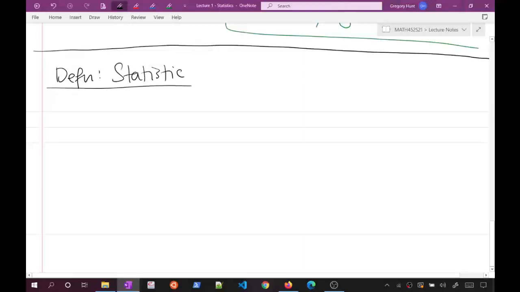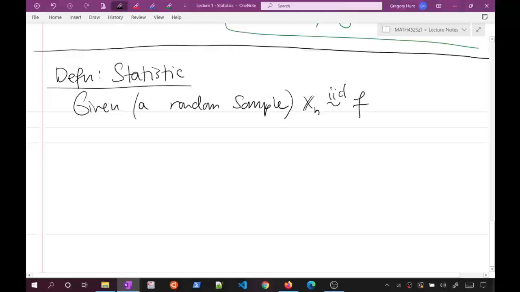statistic. A statistic is basically a function. Let's say given a random sample. I'm probably going to suppress writing that from now on, but we'll say given x1 through xn, which are iid from some distribution.